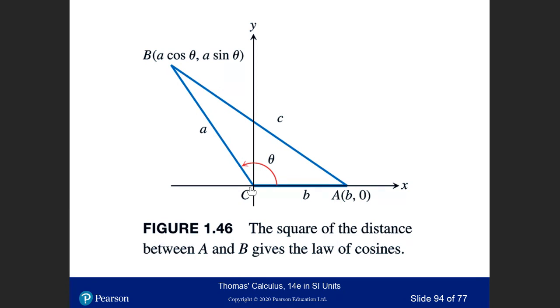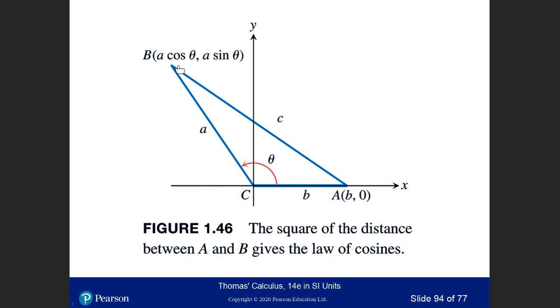But that's a negative value of cosine theta because theta is greater than 90 degrees. So this distance is a cosine, which is a negative value, so I subtract it from b. So I get this formula.